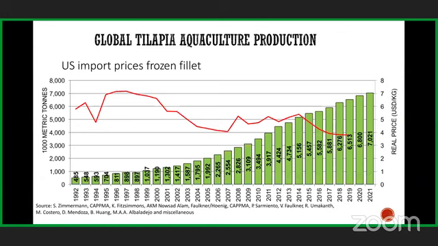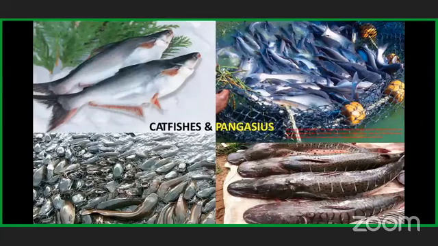As the rule is, if production is getting high, then ultimately your price will decrease, and the same was noticed with tilapia. With the increase in production, we can see a decline in price.